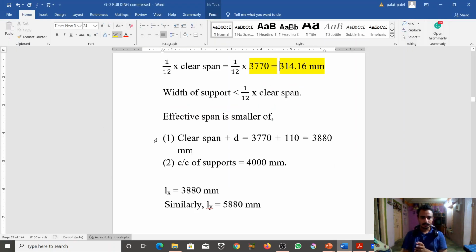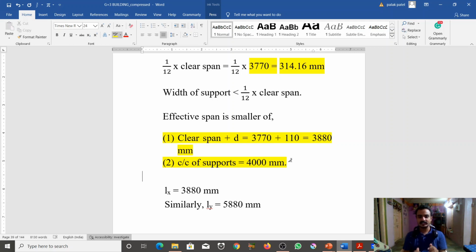First, clear span plus effective depth: 3770 plus 110, so it is 3880 mm. Second, center to center of support is 4000 mm, which is given.